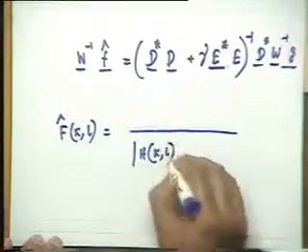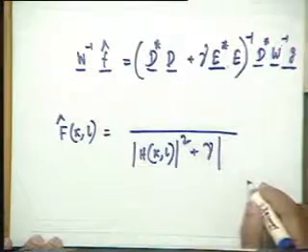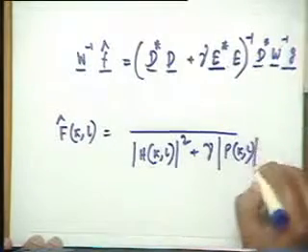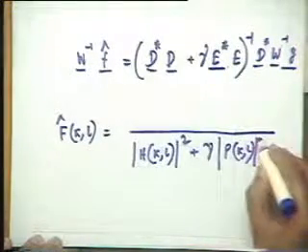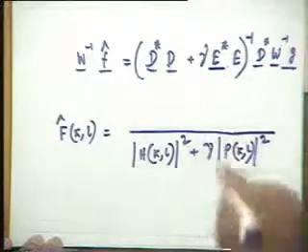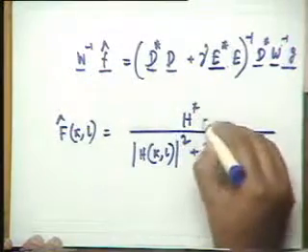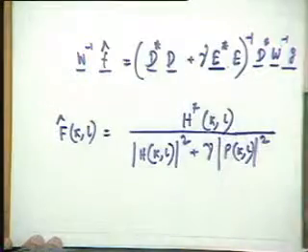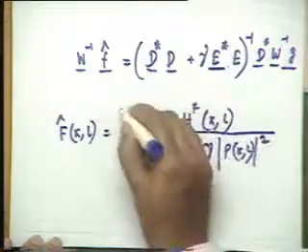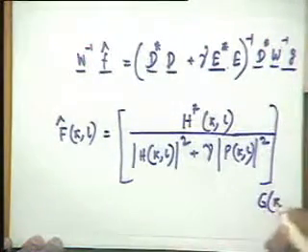Mod of H KL squared plus gamma mod of P KL squared, because P KL is going to be the 2D DFT of the extended function p_E, the extended convolving function, and in the numerator we are going to have H star KL, and this entire thing must be multiplied by G of KL.